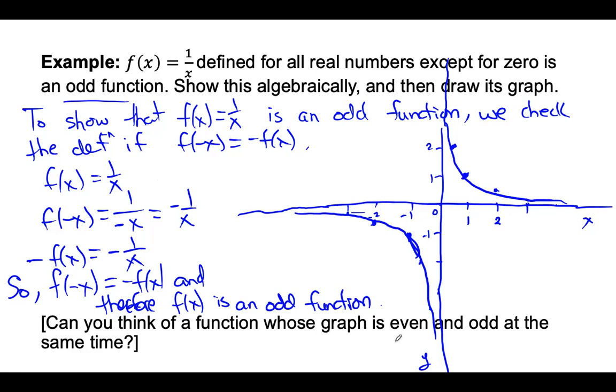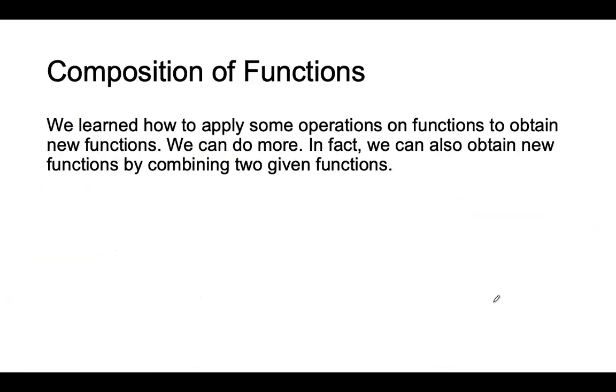So the function f of x equals 0 is both even and odd. You see it would be even, it would reflect along the y-axis, and it also reflects around the origin, and it's the same graph.